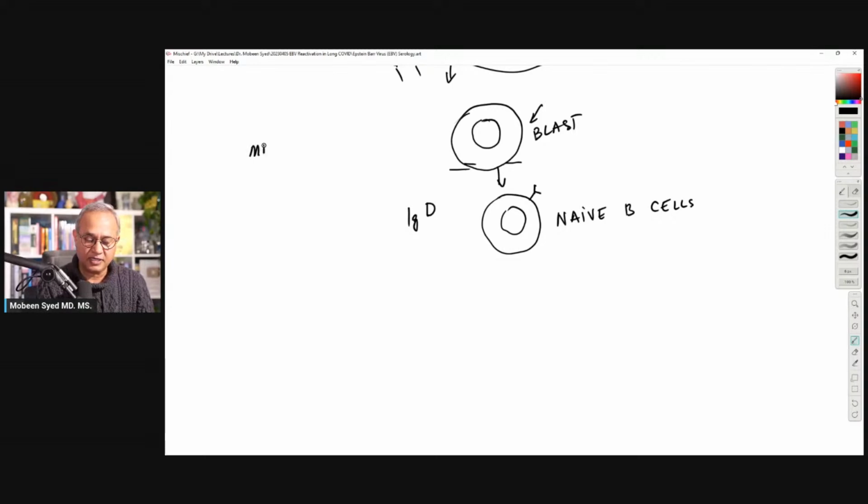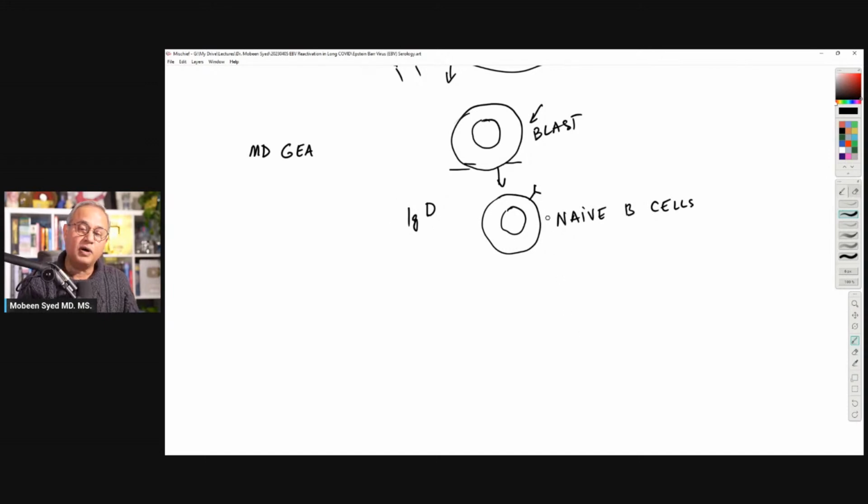I remember MD Gia. So imagine that there is a doctor, her name is Gia, and she works somewhere and her name is MD Gia. This is the sequence of production of antibodies. So the very first time when a naive B cell comes into existence, it is able to make IgD.